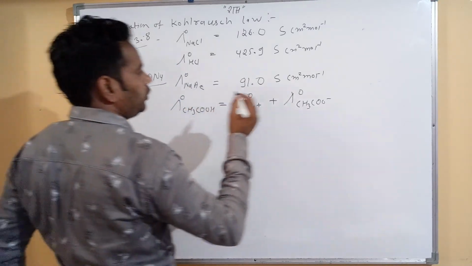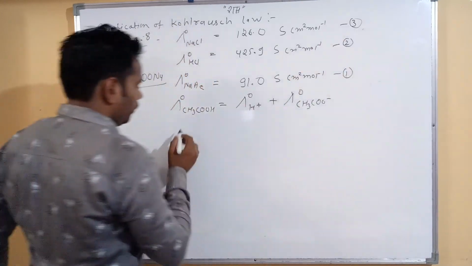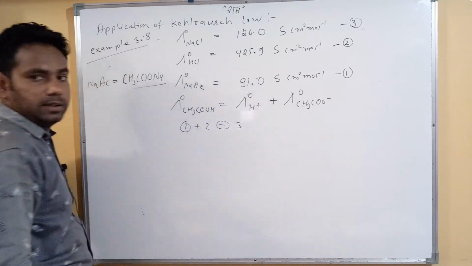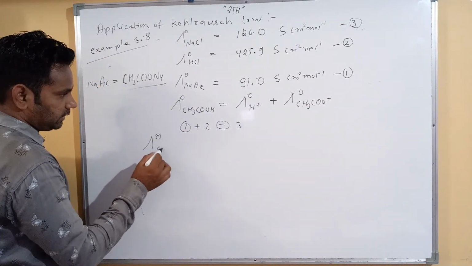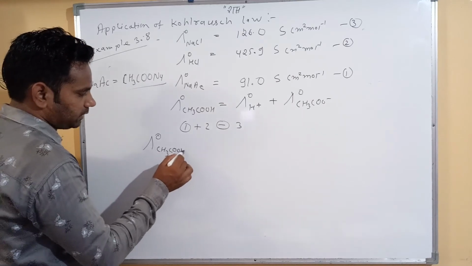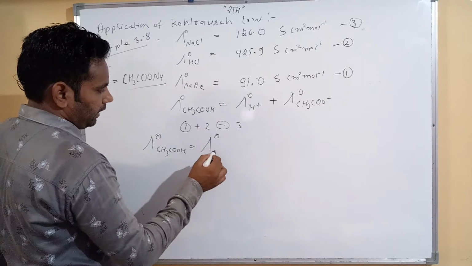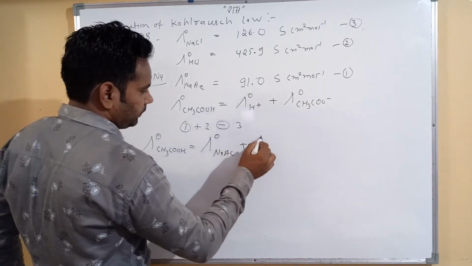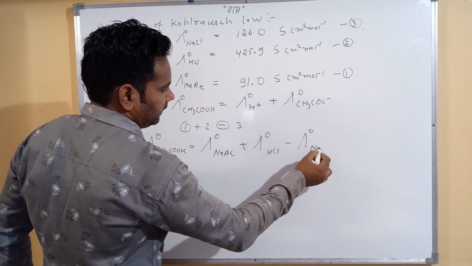So I put here equation 1, equation 2 and equation 3. We add equation 1 plus 2 and subtract equation 3. So acetic acid CH3COOH is equal to NaAc plus HCl minus NaCl.